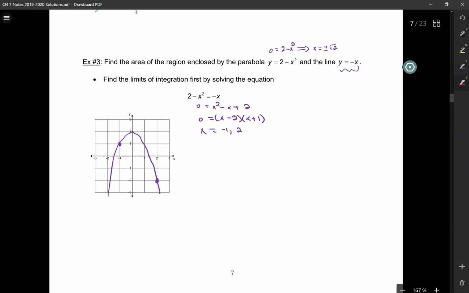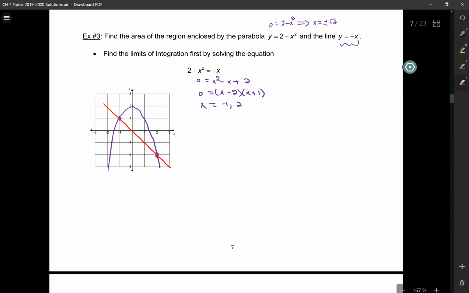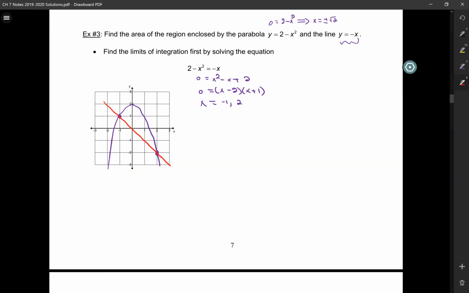You should know, and you need to do it precisely. Because at these points of intersection, the y values for both of them are the same, when you want to find the y value of the intersection, you can plug negative 1 into either equation, because at that point they will have the same y value.